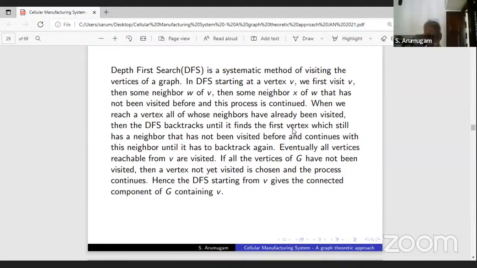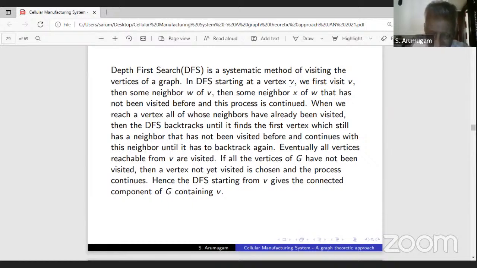This is an algorithm called depth first search, DFS. What's the algorithm? You start from an arbitrary vertex V. That's the first vertex you are visiting. Take an arbitrary vertex V, say that it has been visited.